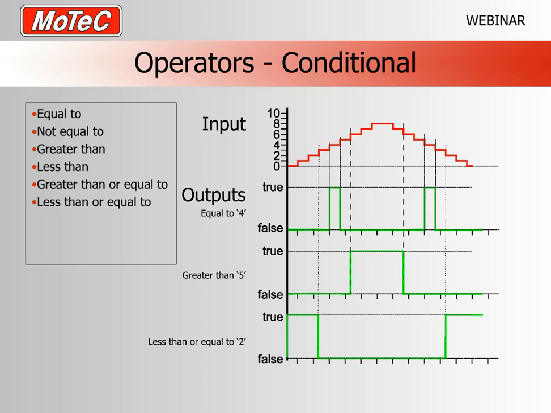Okay, now the second type of operator we have, which is also extremely useful, is what we call a conditional operator. These are designed to compare 2 conditions and to decide if the answer is true or false. So again, what we're looking at is an input and an output. On the top line of this display, you can see our input, which is a number stepping up from 0 to a higher value, and then stepping back down.